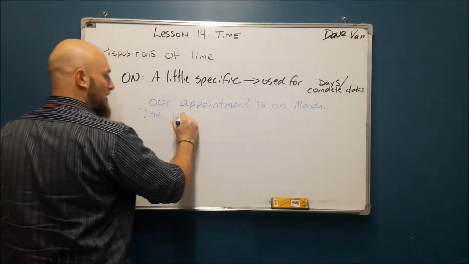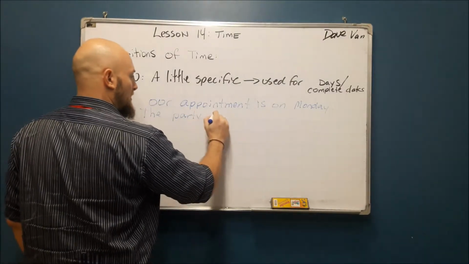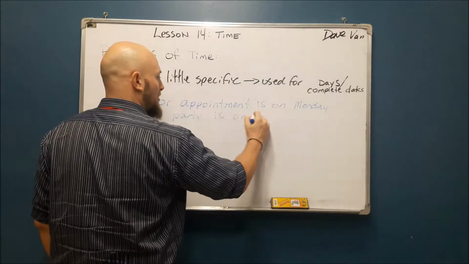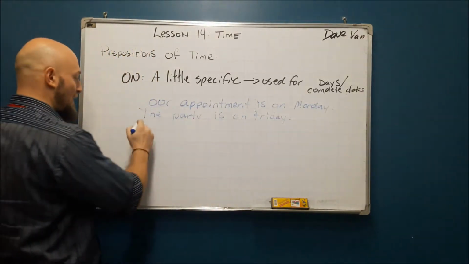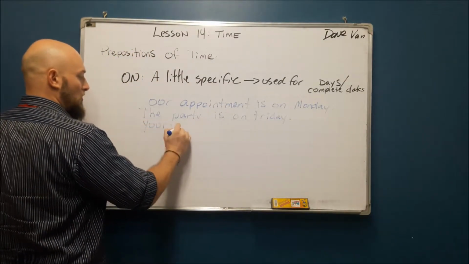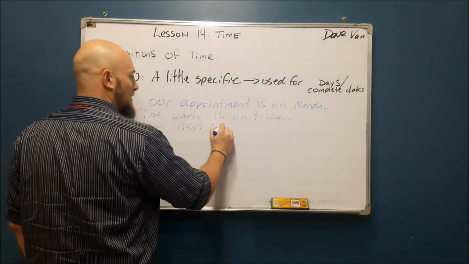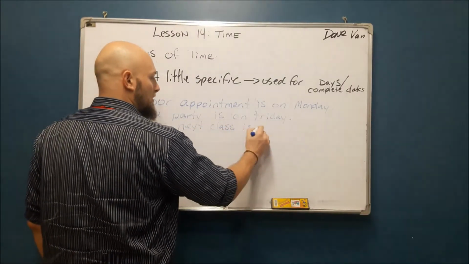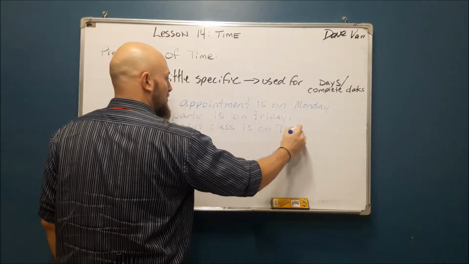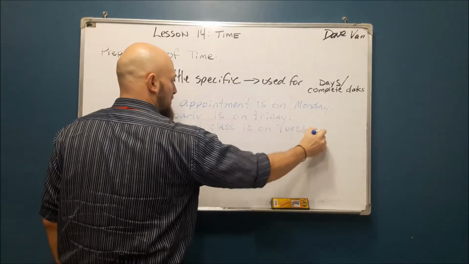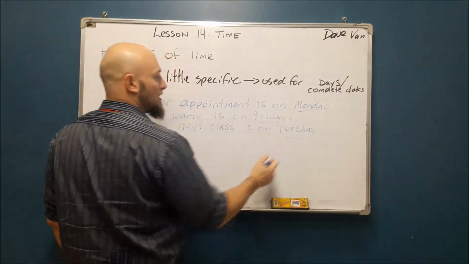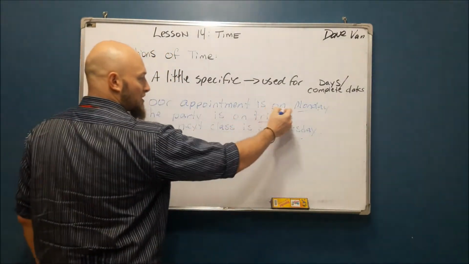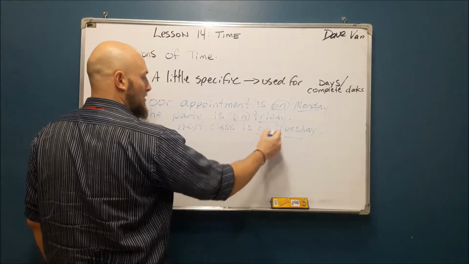The party is on Friday. Okay. Your next class is on Tuesday. Okay. All of these examples we are using days. With days we use the preposition on.